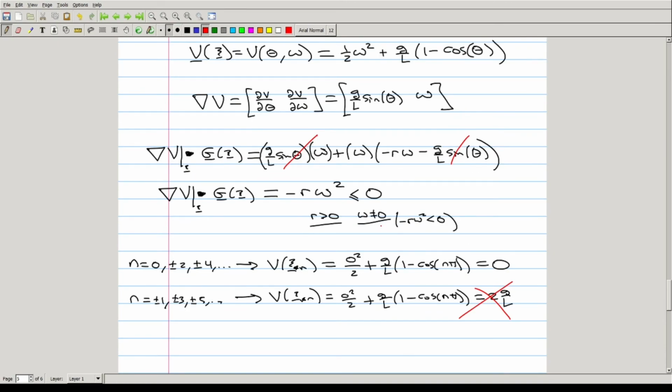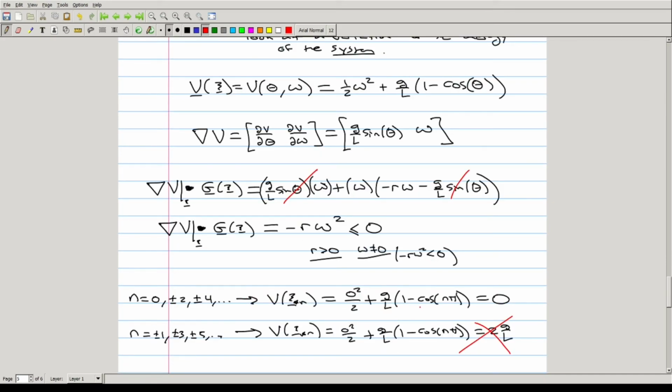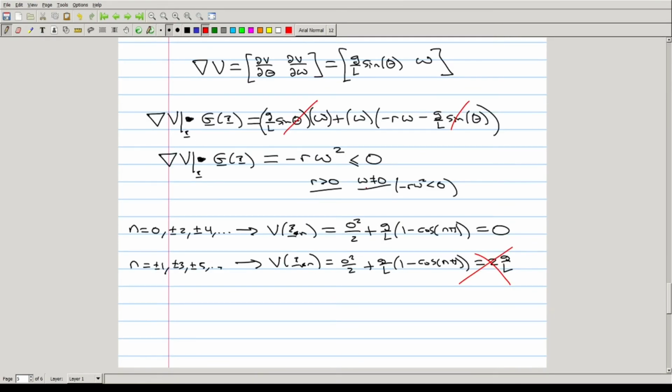But this guarantees for us that these equilibrium points for the even values of n are in fact going to be at least stable. But we have a little bit of an issue here because omega could equal 0, in which case this value right here is equal to 0.